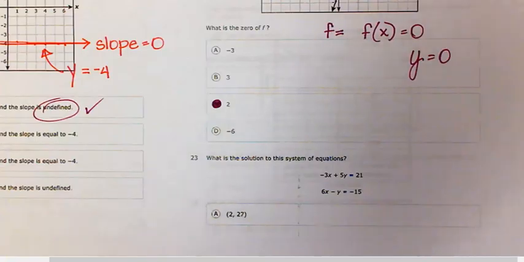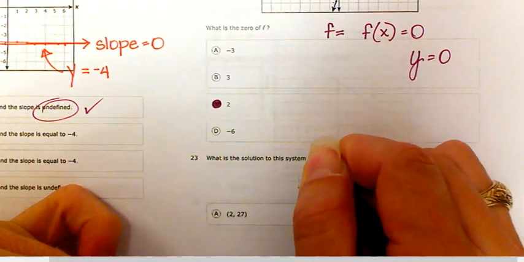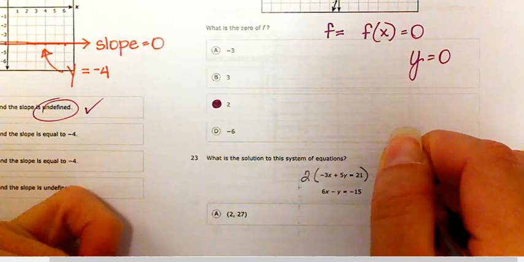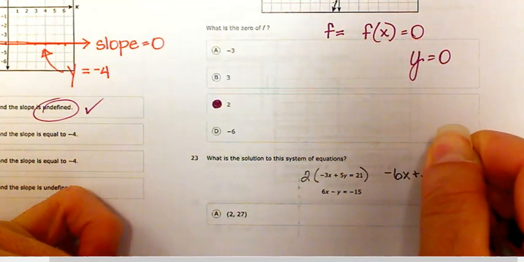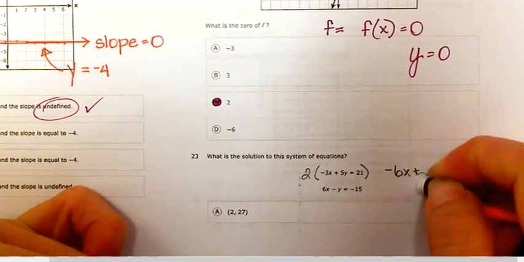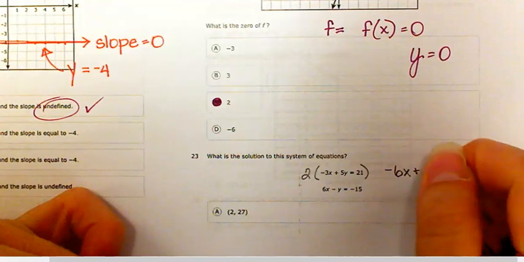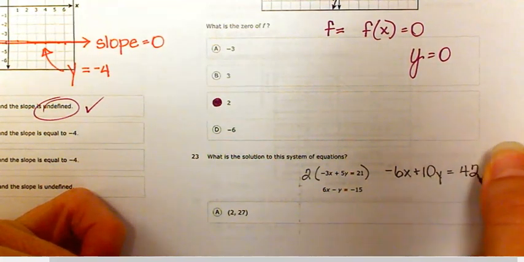Number 23, what is the solution to this system of equations? I think what I'm going to do is I'm going to multiply this top one by 2. That's going to give me -6x plus 10y equals 42.